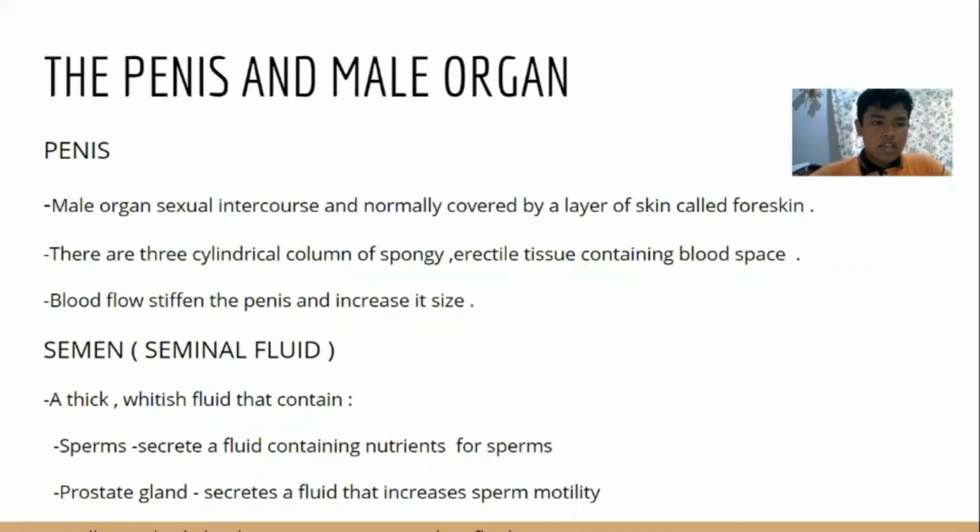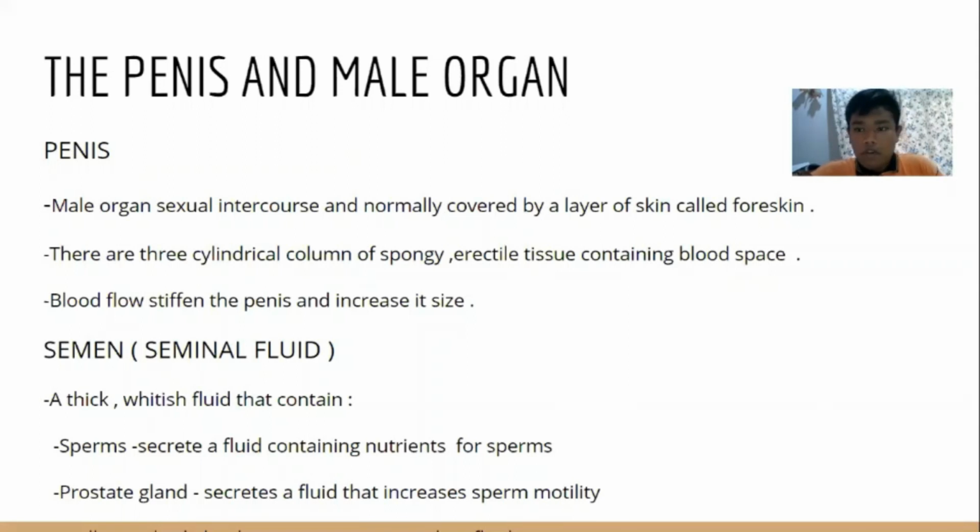The penis is the male organ for sexual intercourse and is normally covered by a layer of skin called foreskin. It has three cylindrical columns of spongy erectile tissue containing blood spaces, and the blood flow stiffens the penis and increases its size. Right now I'm going to explain about semen, which we know as seminal fluid.